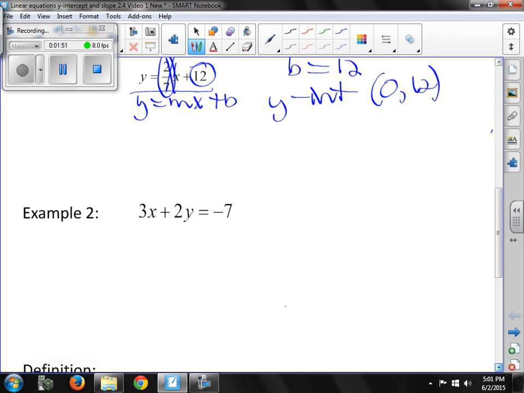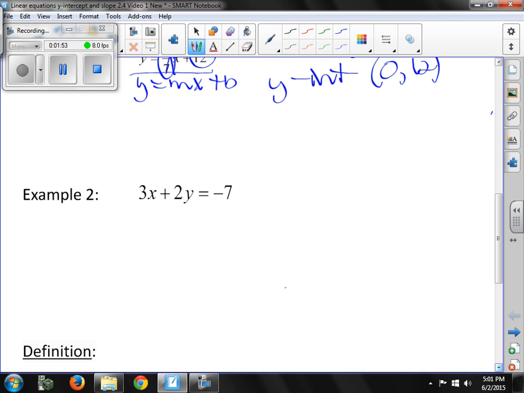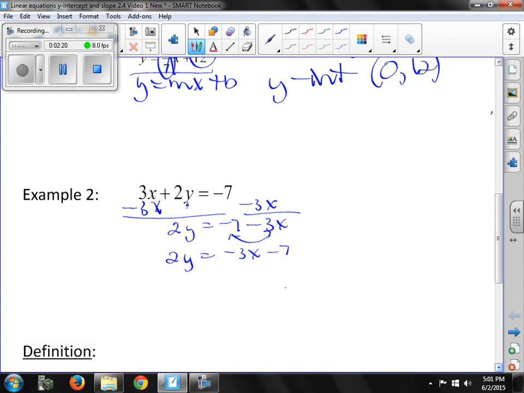Let's find the y-intercept of this other equation. Notice this one is not solved for y, so we need to do that. To solve for y, I'm going to subtract 3x from each side first. So I have 2y equals negative 7 minus 3x. Now I'm going to swap the order of these two, so I have negative 3x minus 7.